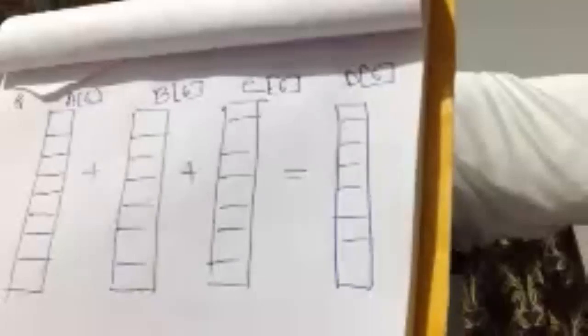Okay, so I can put it like this way: D6 plus equal. It's clear? A plus B plus C equal to D. Means what to do?